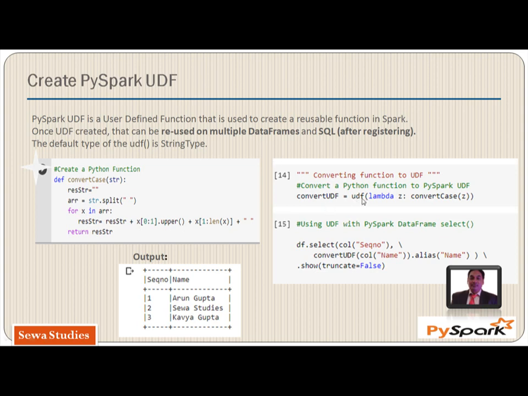You can use the UDF method for PySpark to convert the Python function to a PySpark function. And in a lambda expression, we use convert_case, we call the created Python function from PySpark. And similarly we call the select statement through the PySpark data frame.